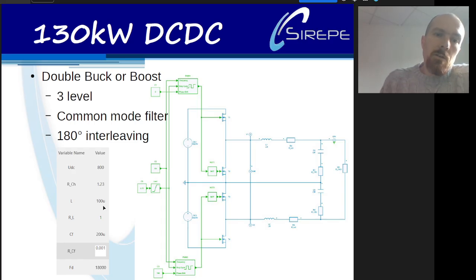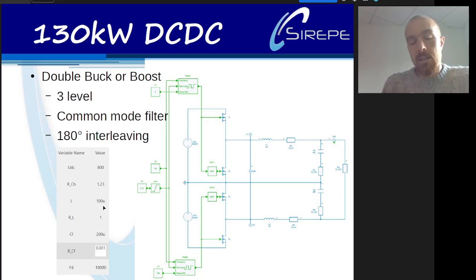We implement a double buck-boost topology, which is a 3-level differential topology. It means that the battery is connected between the plus potential and the negative potential. And we implement a common mode filter for EMC issues.